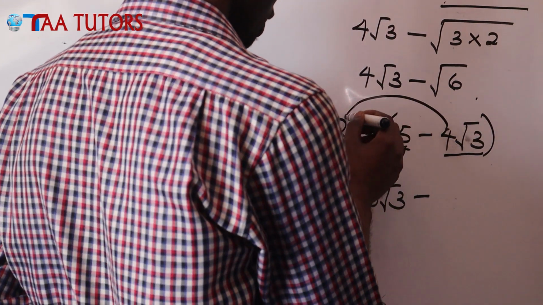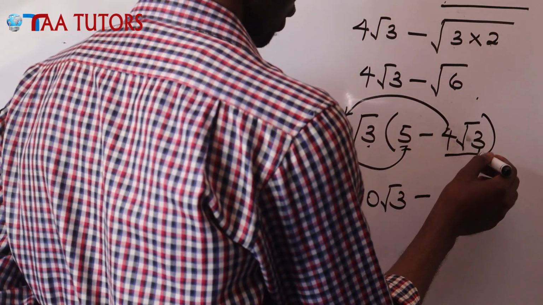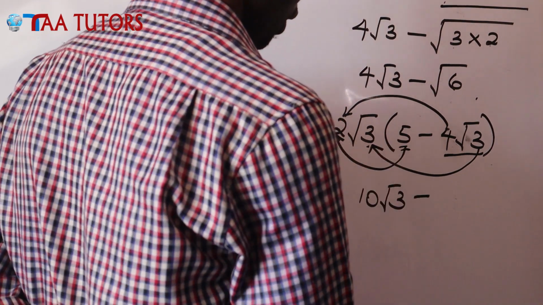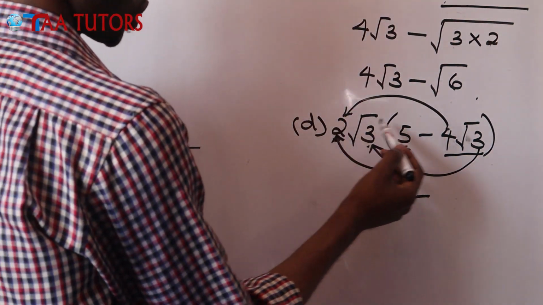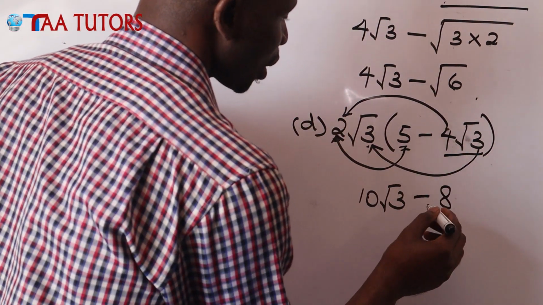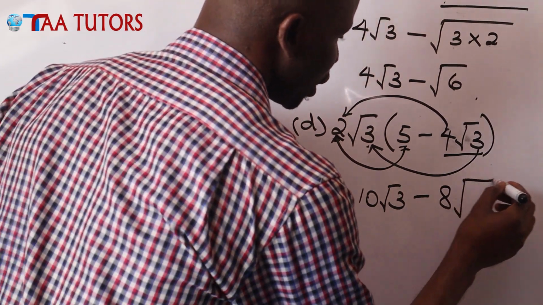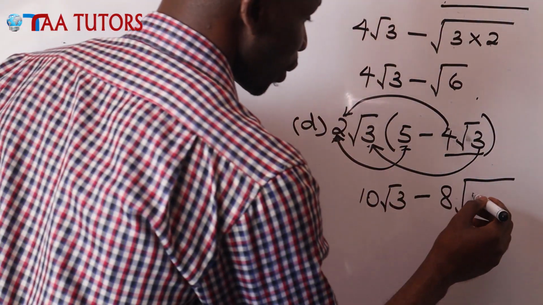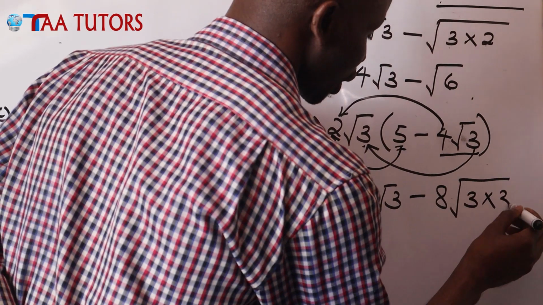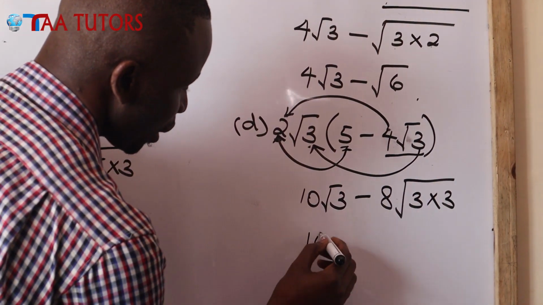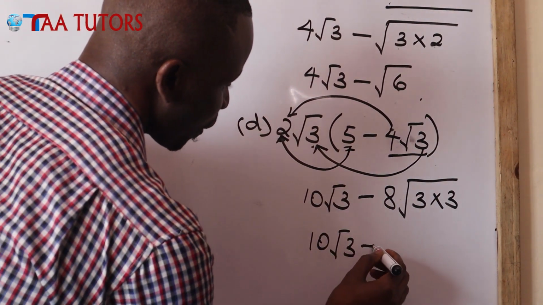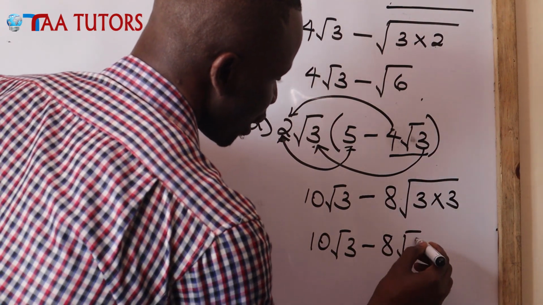4 can multiply 2, √3 will multiply √3. So 2 times 4 is 8, and then √3 times √3 we have said is going to be the root of 3 by 3, which is going to be 10√3 minus 8√9.